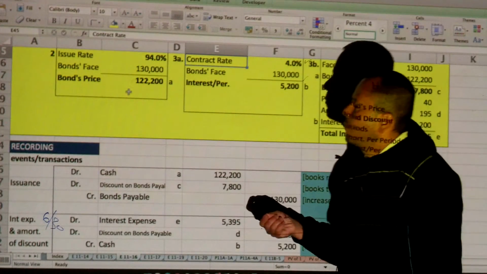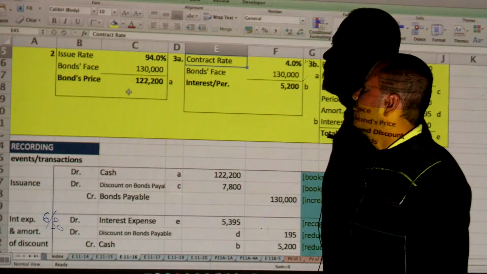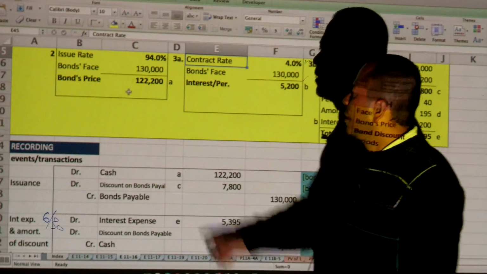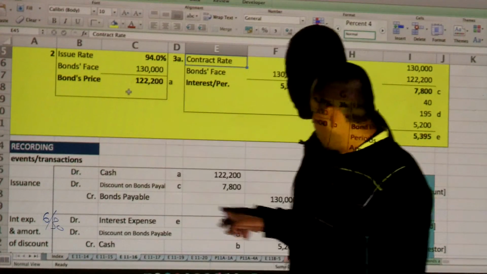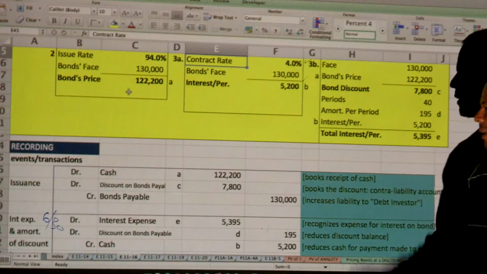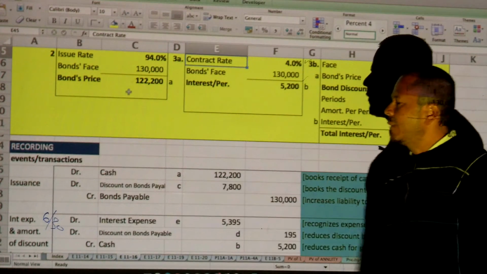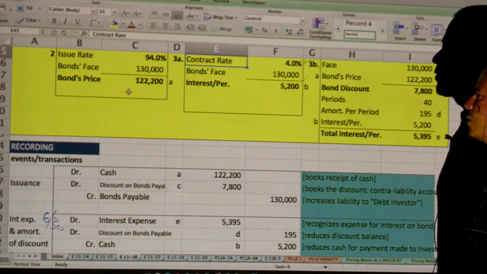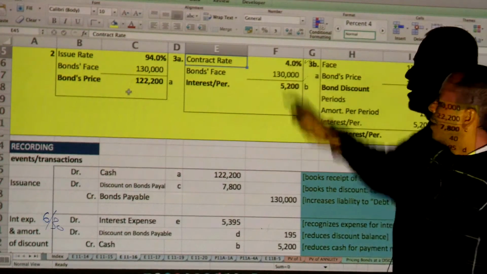Eventually, when we return the loan proceeds to the investor at the end of the life of those bonds, we're going to return not the $122,200, we're going to return the $130,000, the total face amount, even though they only paid us $122,200. So that difference is really an additional amount of interest provided to the investor, effectively raising the interest rate on the contract.